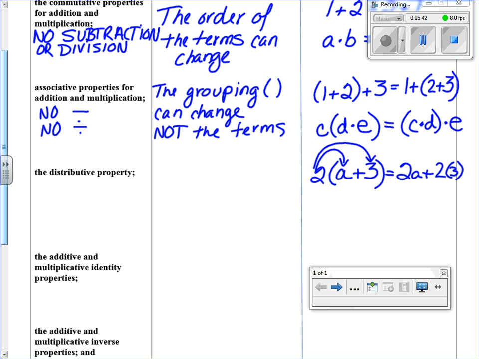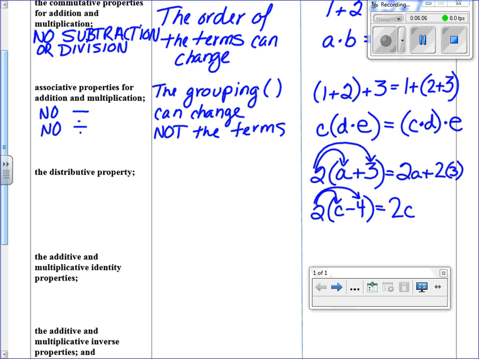This also works, though, for subtraction. So I can say 2 times the quantity C minus 4. And I would multiply again. 2 times the C, that equals 2C. 2 times the 4.